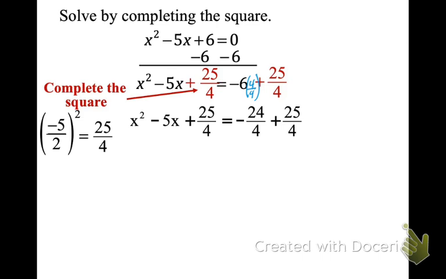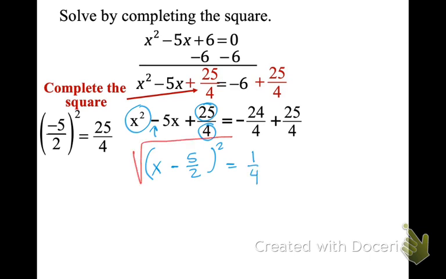All right, we're ready to factor now. On this side, it becomes very easy. The root of that is an x. We know it has to be a minus sign. Now, I've got the numerator, which is a 5. I've got the denominator, the root of that is a 2. So it's basically going back to where we were. Equals 1/4.